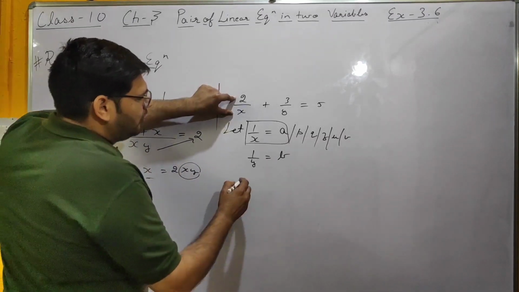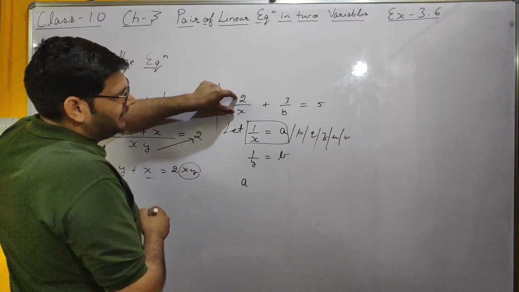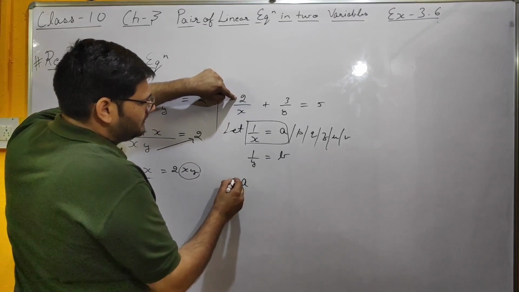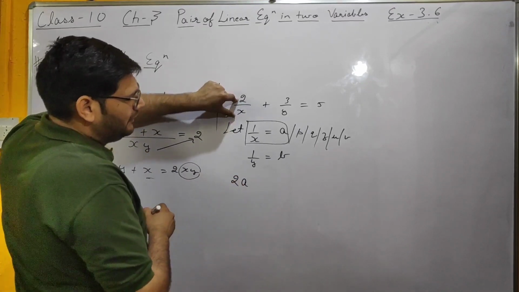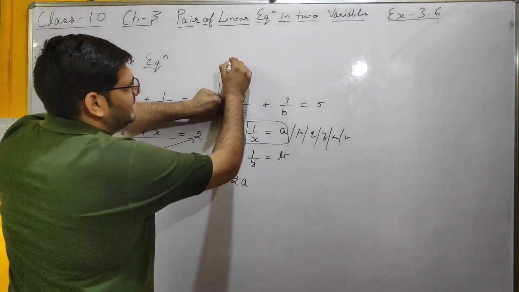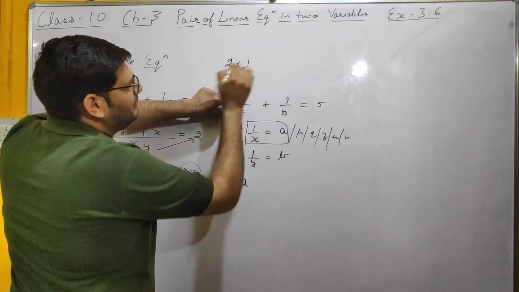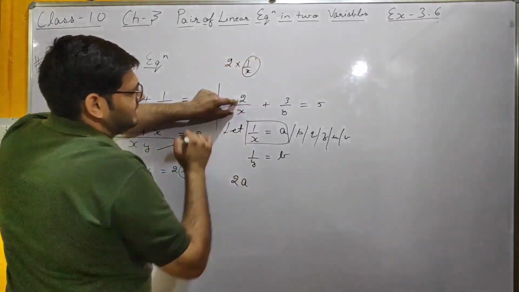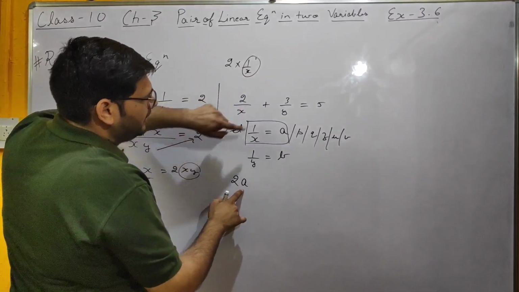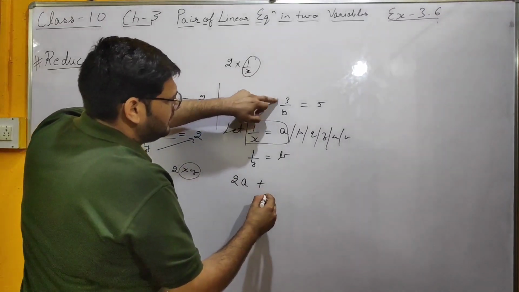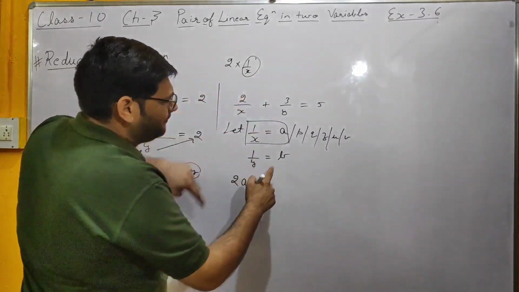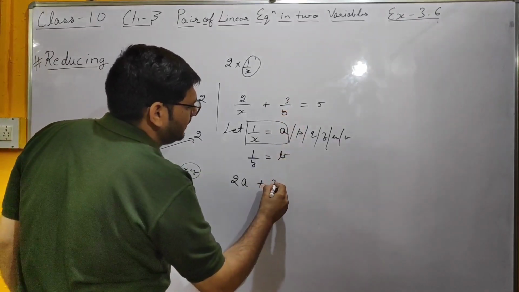1 by x is a, and 2 is left. So 2 into 1 by x, and the value of 1 by x is a. So it will become 2a. Similarly, plus 1 by y is b, and 3 is in multiplication.